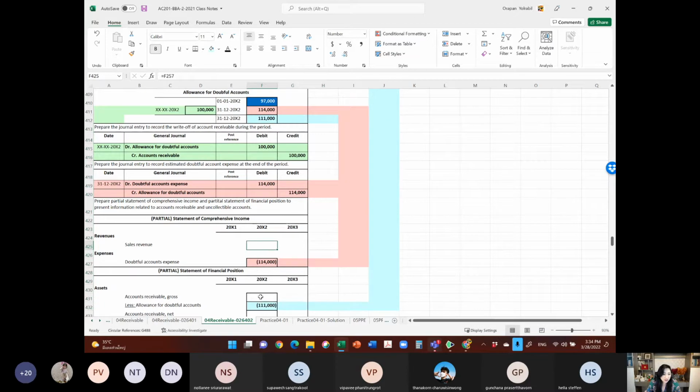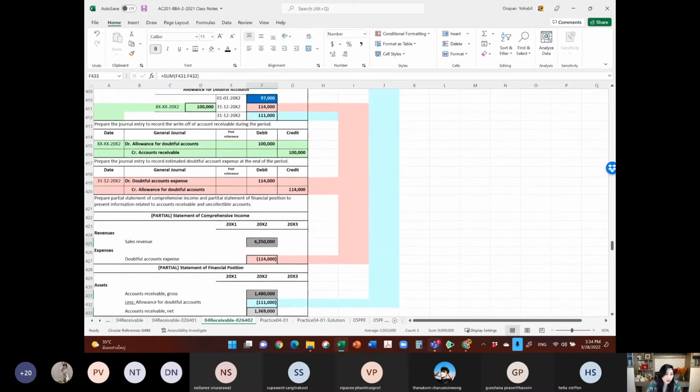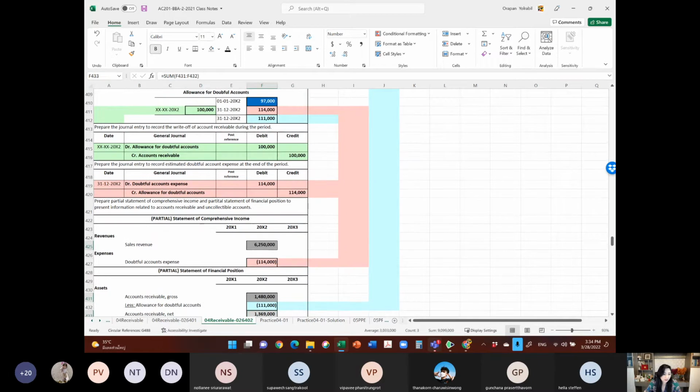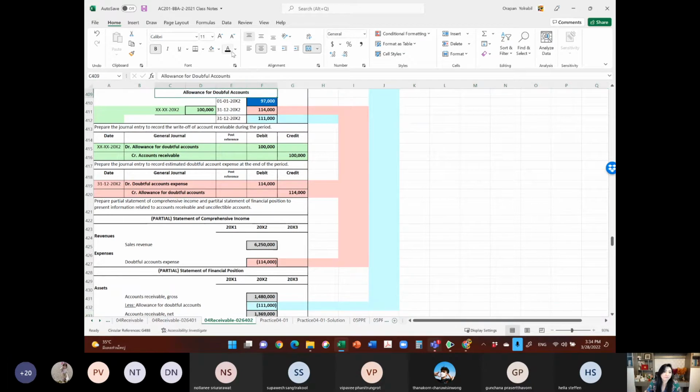For the sales revenue and the accounts receivable, we know that from the information given. If we put in the amounts, we can calculate the accounts receivable net realizable value, and it's 1,069,000.